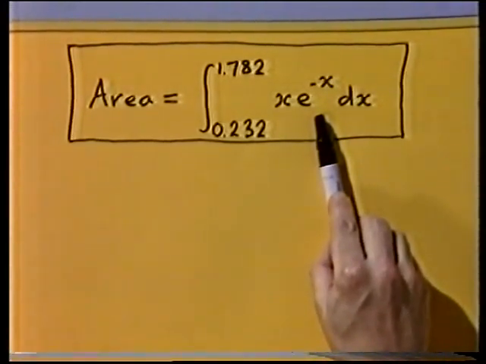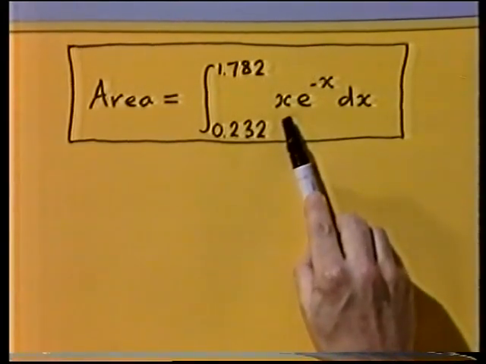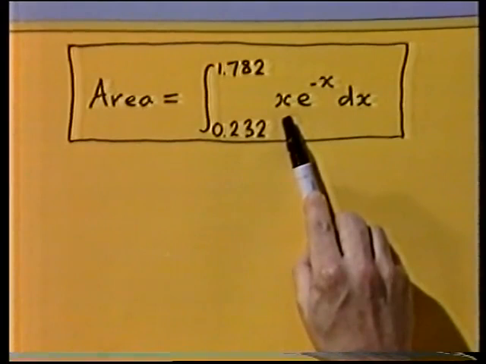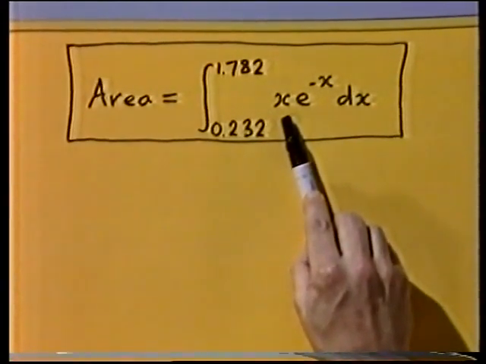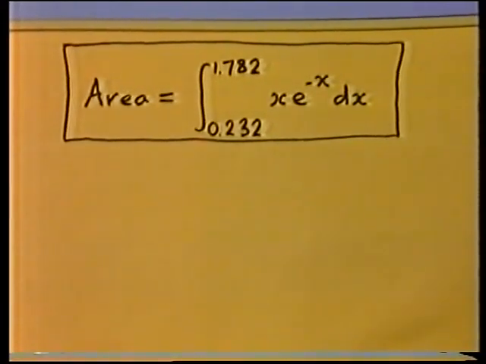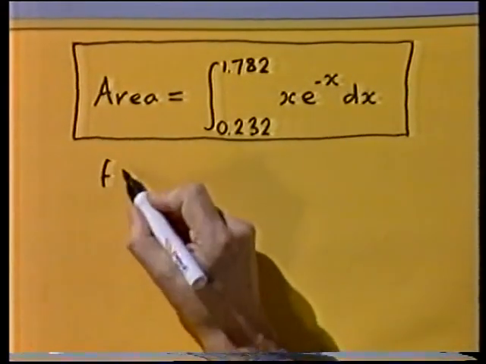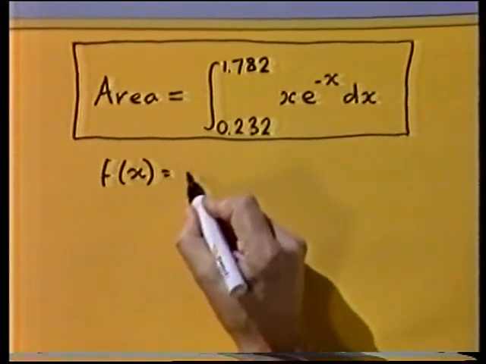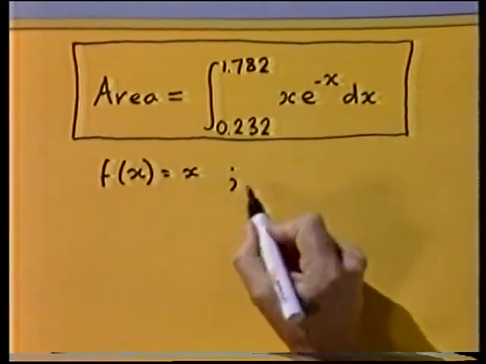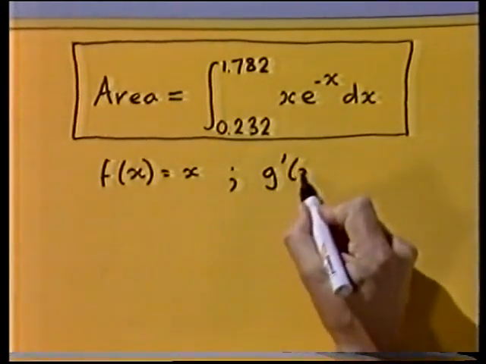It's always something involving e to the minus x still. What about x? Well, differentiating it gives 1, a constant, and that's easier. So it looks as if x is the best choice for f here. And then g prime of x will be e to the minus x.